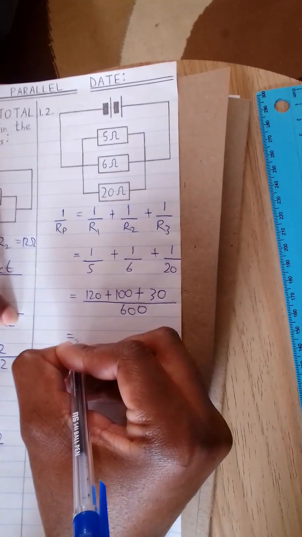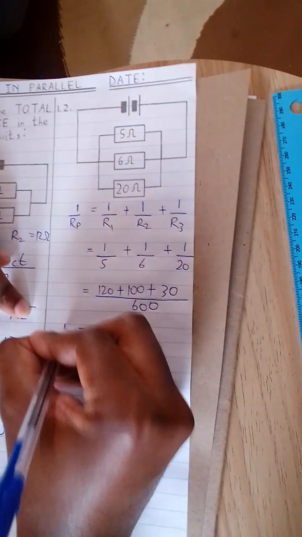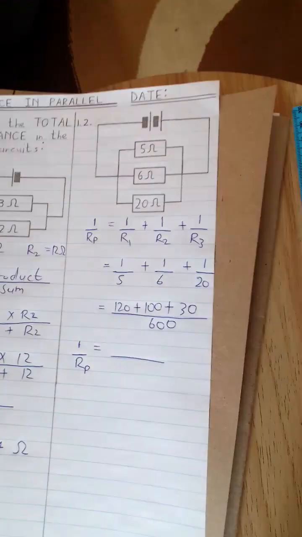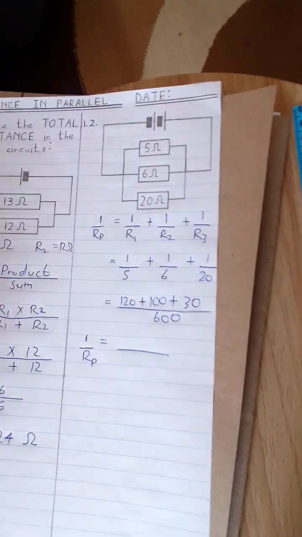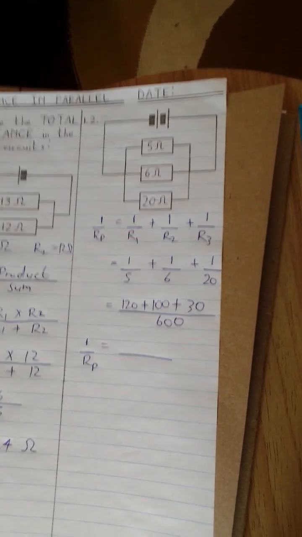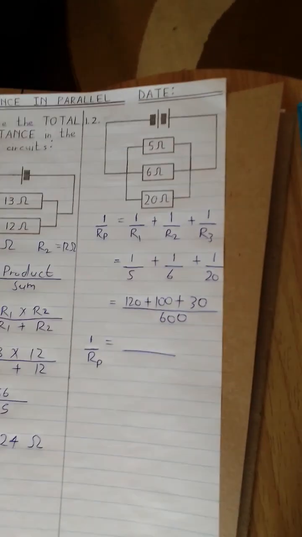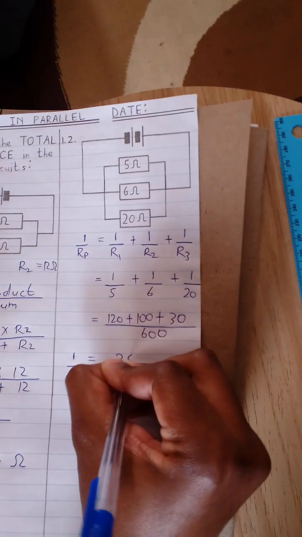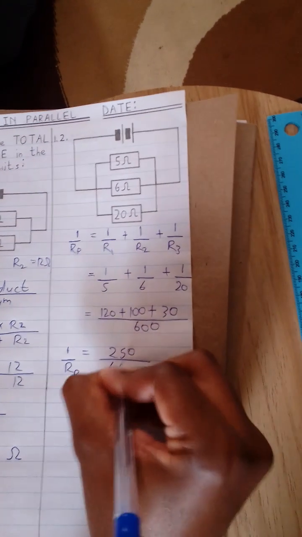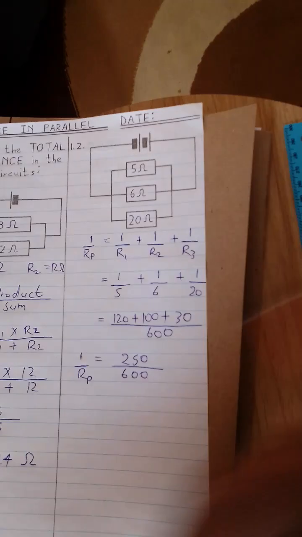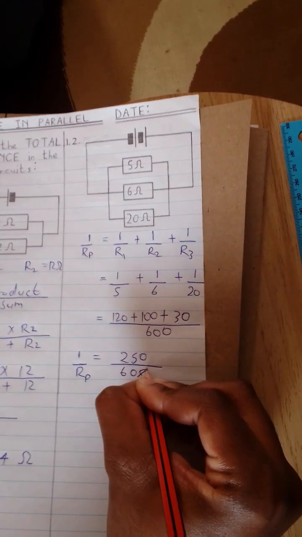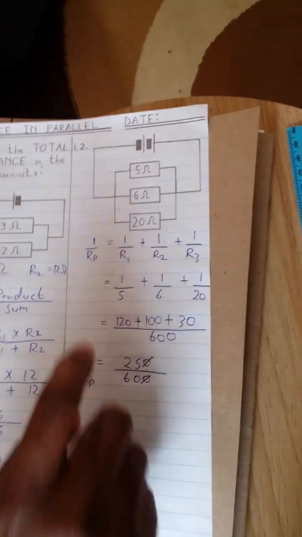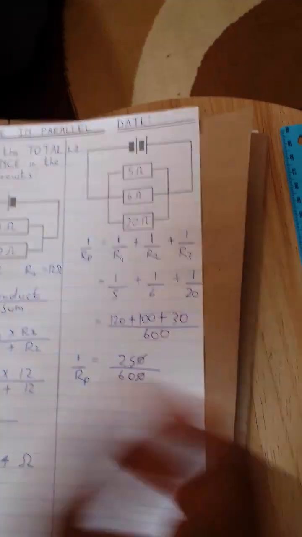So we have 1 over Rp is, we have fixed the numerator, 120 plus 100 plus 30. 250 over 600. This can go, this can go. So 1 over Rp is 25 over 60.